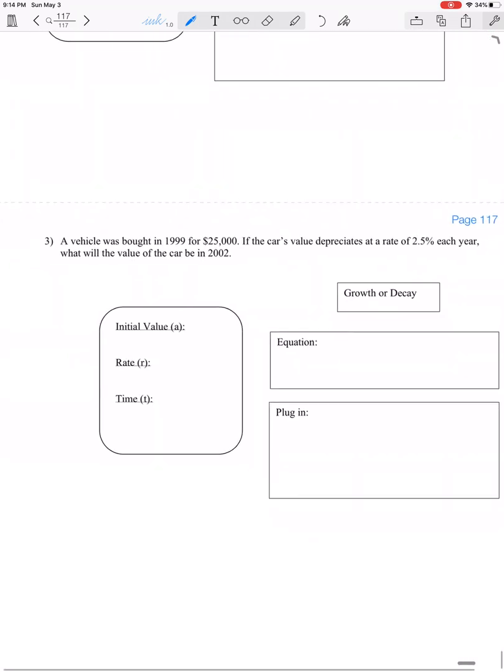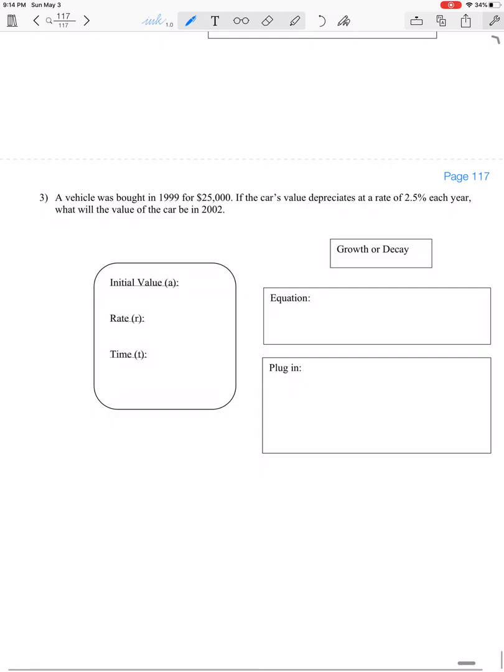So if we take a look at number 3, a vehicle was bought in 1999 for $25,000. If the car value depreciates at a rate of 2.5% each year, what will the value of the car be in 2002? So I see a keyword here, depreciates.